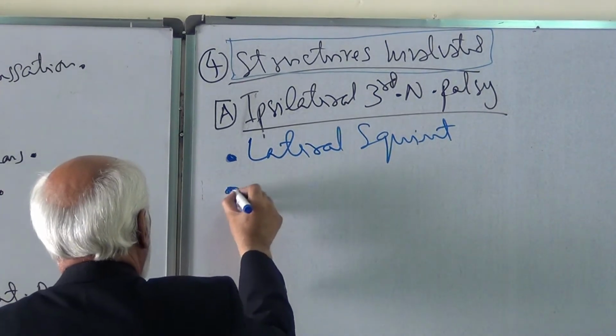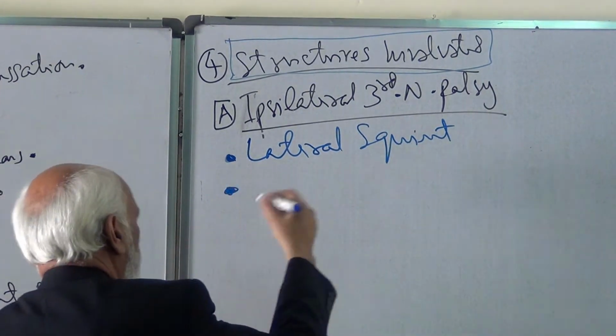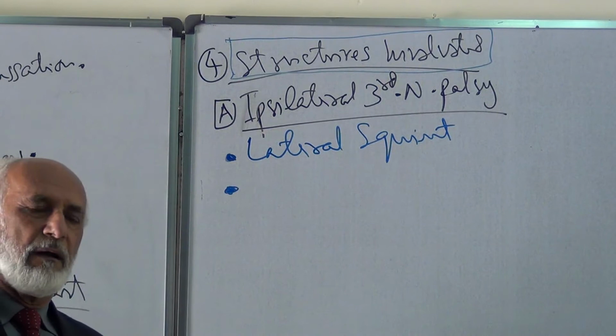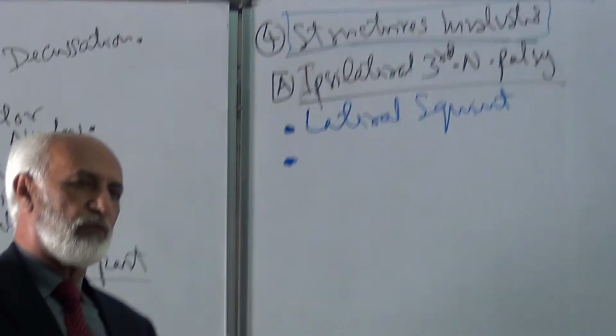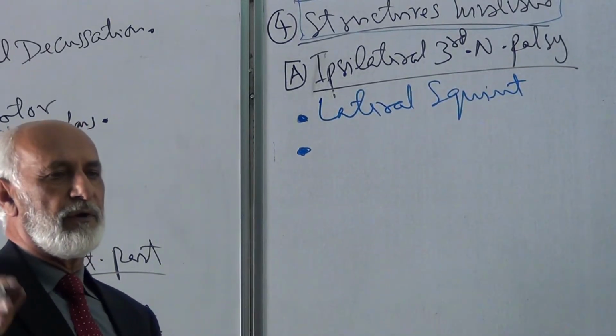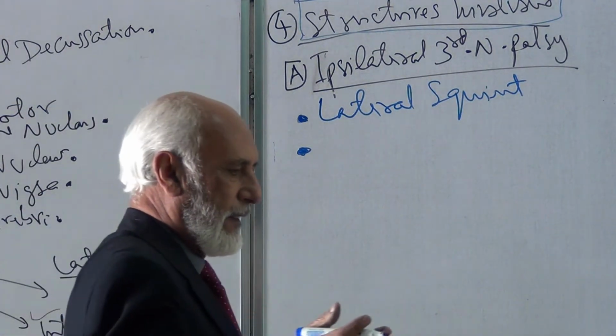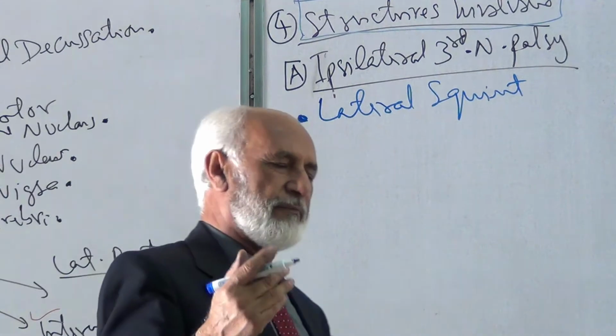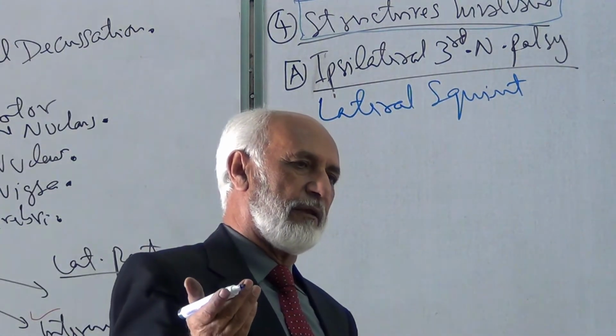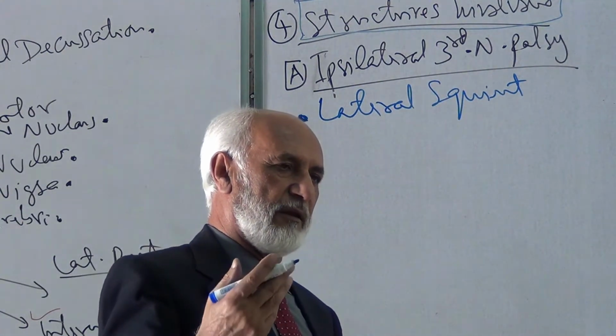Number two, because of squint, the eyeball is moved outwards and downwards because of the lateral rectus supplied by the abducens nerve and superior oblique muscle supplied by the trochlear nerve.